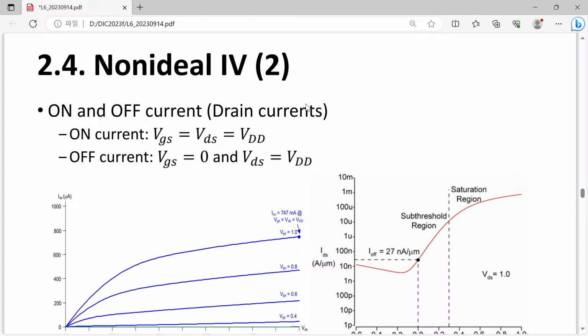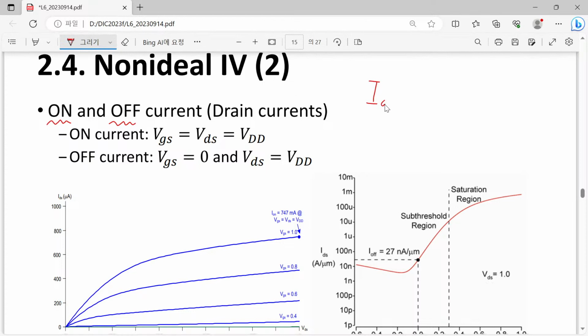I wanted to ask you, please concentrate on these two quantities, the on and off current. This is important. Since we are working in the digital scene, the gate bias we can apply is mainly either 0 or VDD.